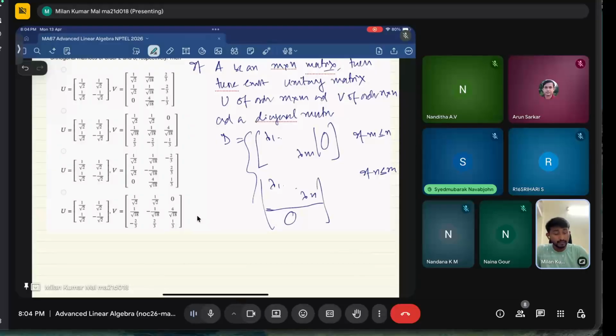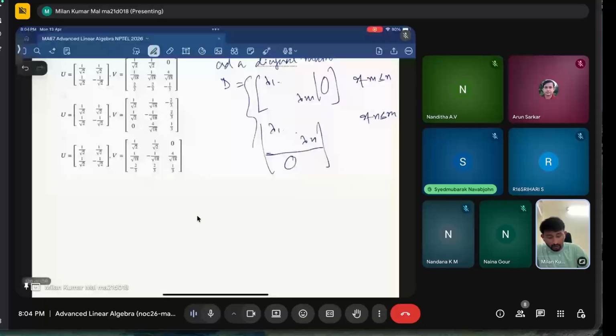And this lambda i has a special form. Lambda 1, lambda 2, all the way to lambda k, where k is the minimum of n and m.